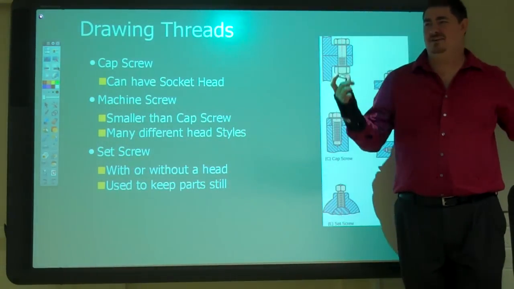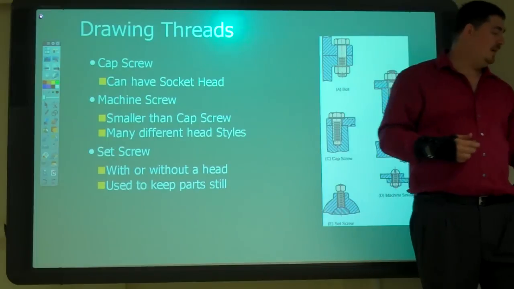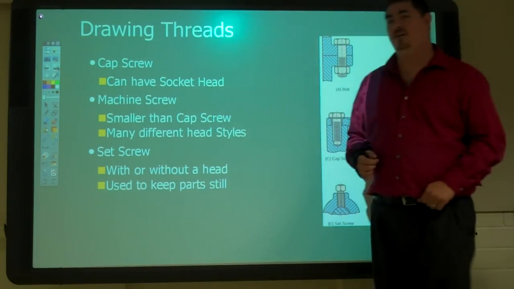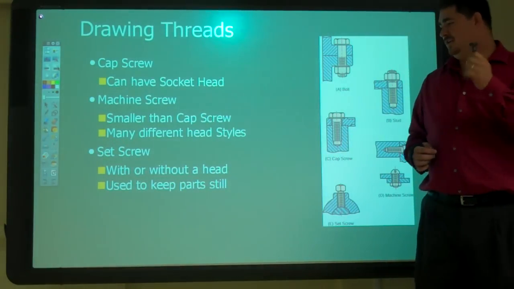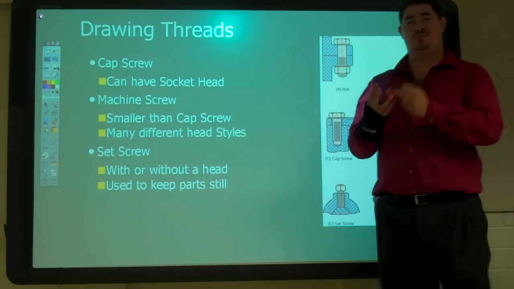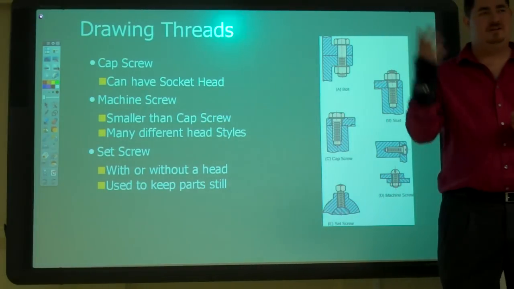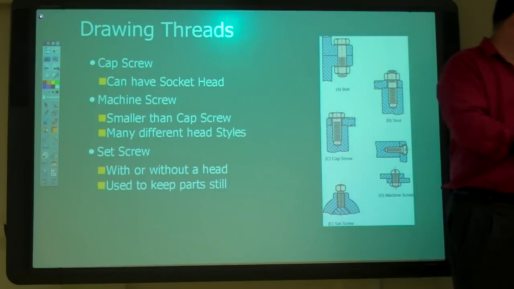Anything above that's a bolt, but you can have bolts that are smaller than an inch, right? What kind of heads do bolts usually have? Hex or squares? So, bolts: hex, square, or socket. So those are usually the ones for bolts. Machine screws, we have a bunch more options we'll talk about in a minute.